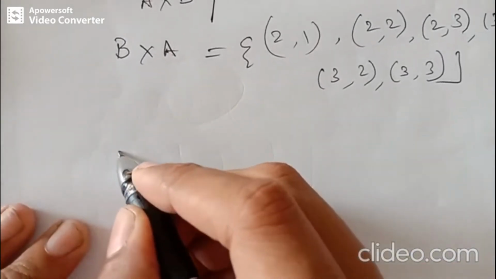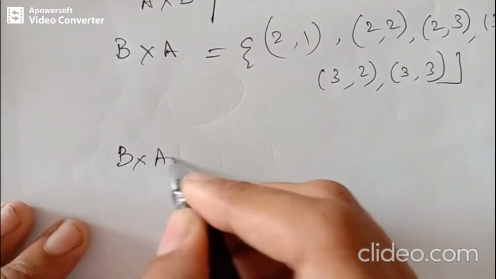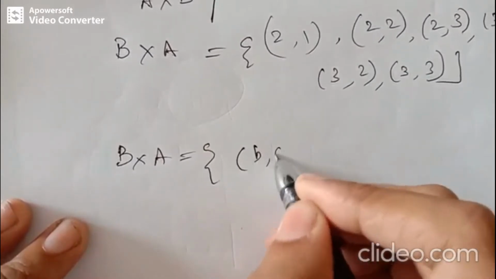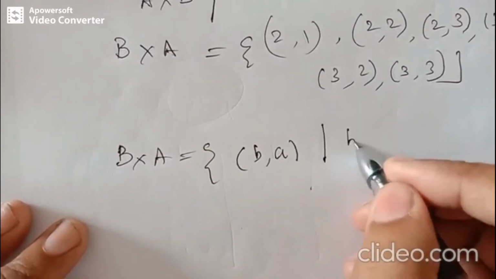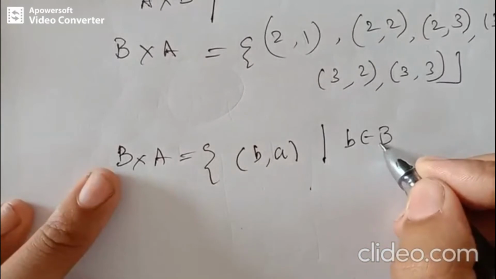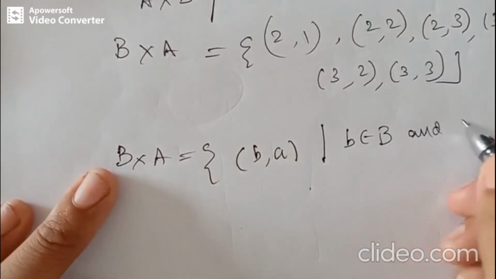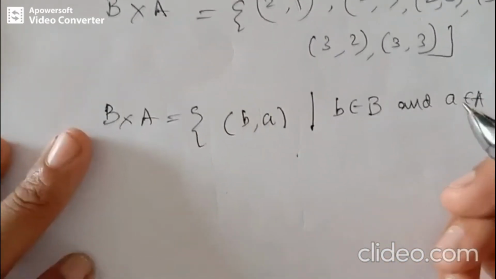B cross A can be written as, once again, the ordered pair (b, a) such that b belongs to the first set and a belongs to the second set.